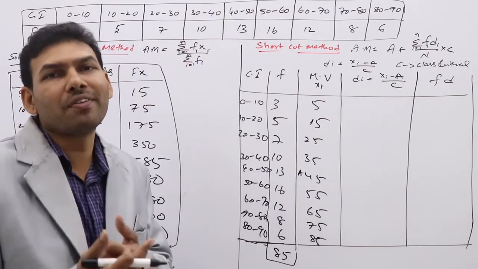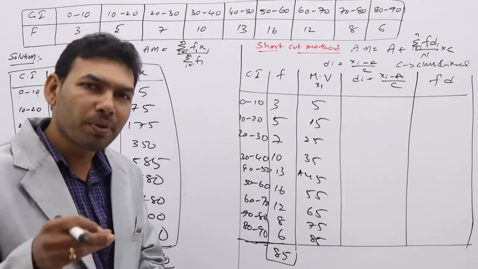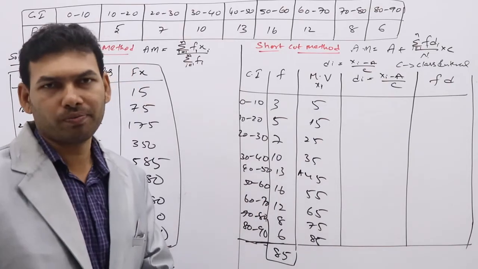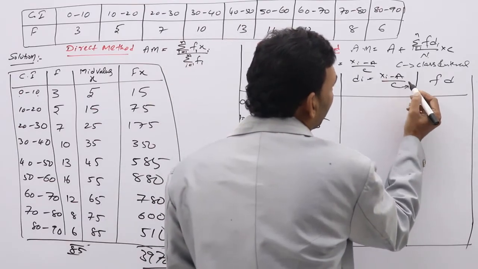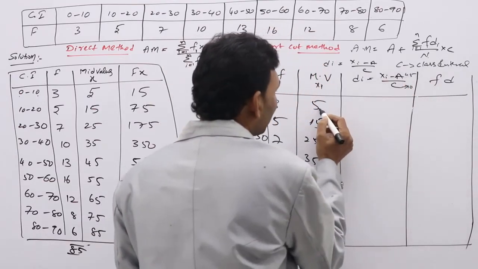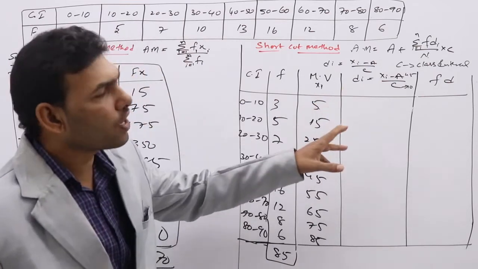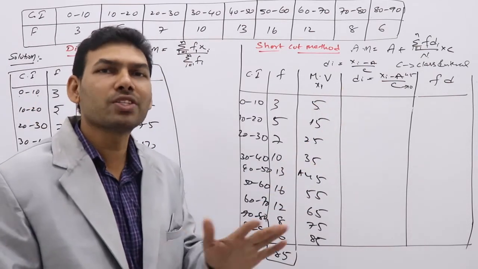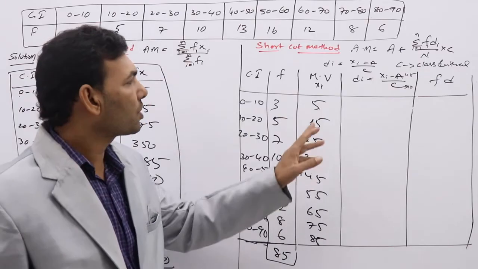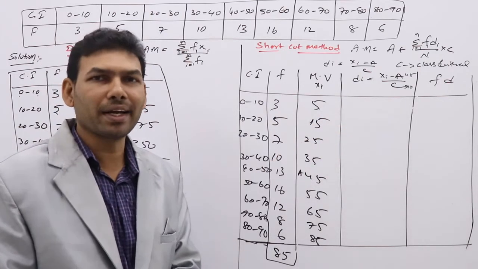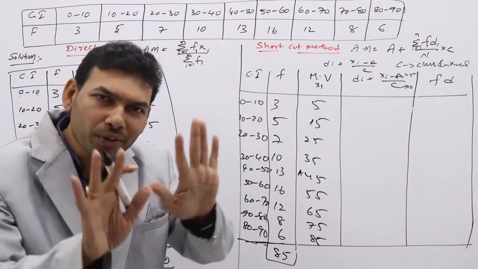You can assume any value, but we prefer the middlemost value. Here C, the class interval, is 10, and assumed mean is 45. X is this one: 5 minus 45 by 10, minus 4. 5 minus 45, minus 40, by 10. Next, 15 minus 45 by 10.